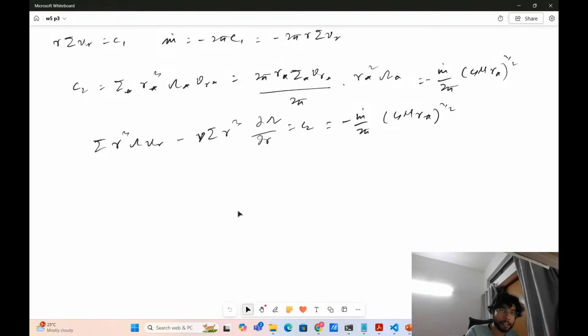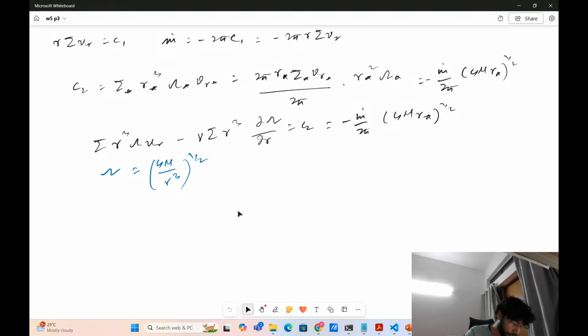Now we want to see if we can obtain a relationship between nu and m dot. As I said, we will replace omega everywhere with the square root of gm by r cube, which is true for Keplerian rotation.